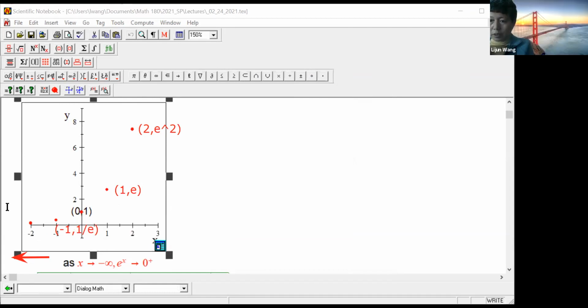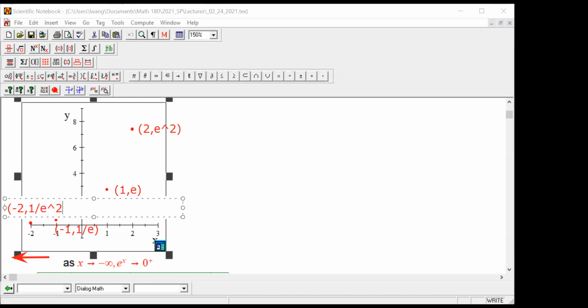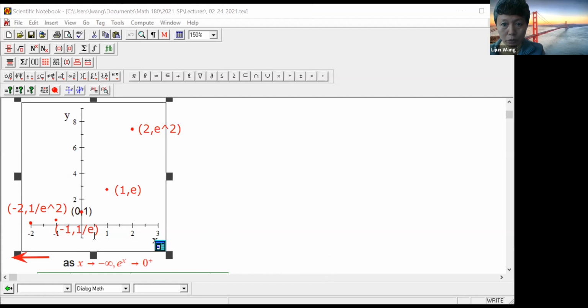And this other point will be marked as -2, 1 over e squared. This is how I expect each one of you to mark these points.